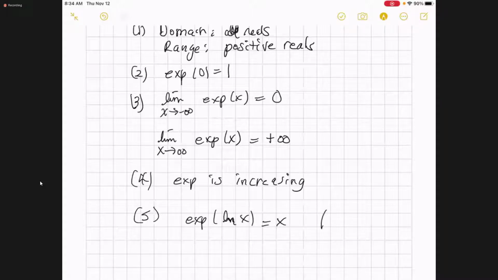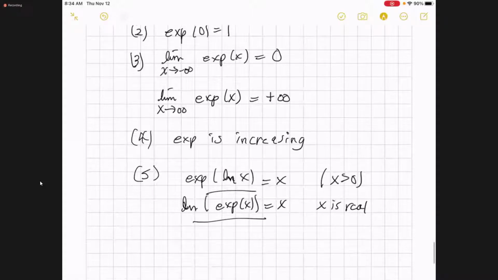And here, because we're taking the log of x, x has to be greater than 0. And also ln of the exponential of x is x. And that's x is any real number. Okay. So we know those things.